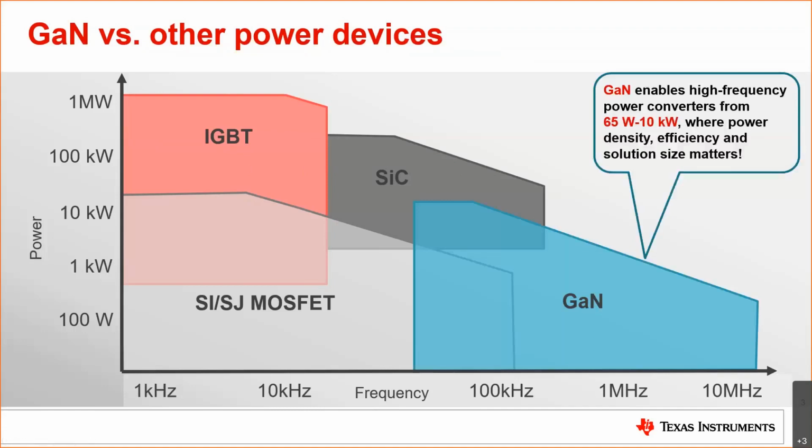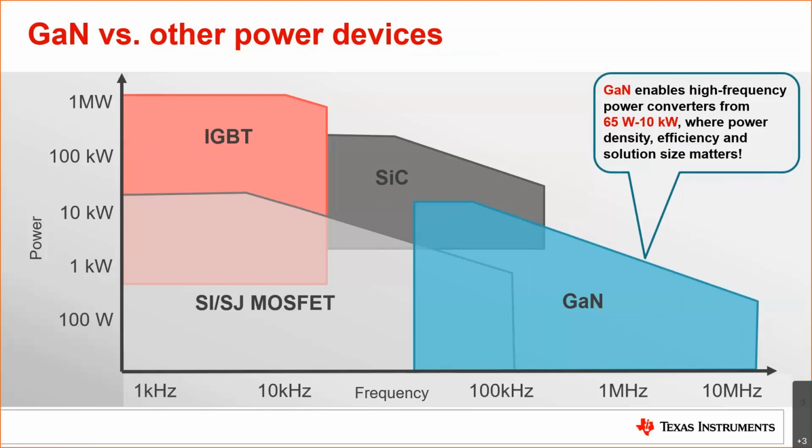And now let's put GaN into the picture. From the power level perspective, we can also place it in the moderate power ranges, in the lower double-digit kilowatts. But now comparing it with silicon and silicon superjunction or SiC devices, you can certainly see that GaN is an interesting technology to drive the devices with a higher frequency in your power architecture.